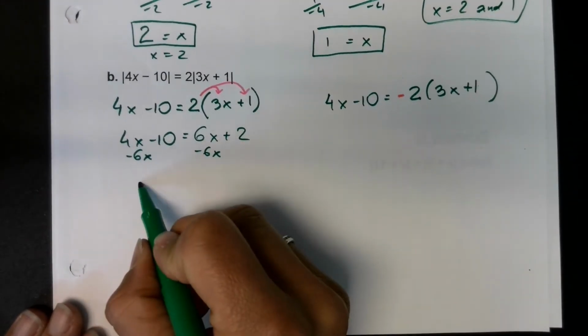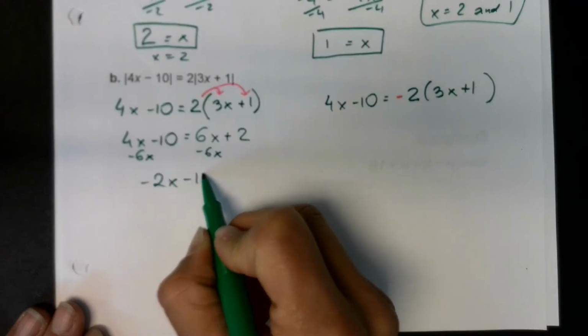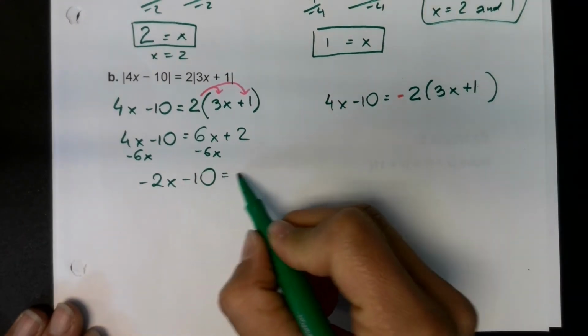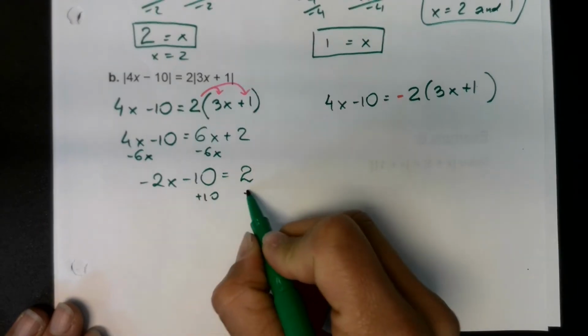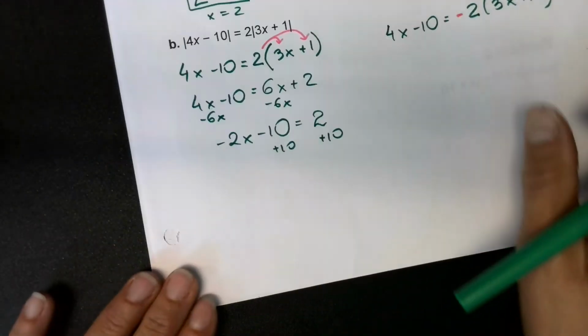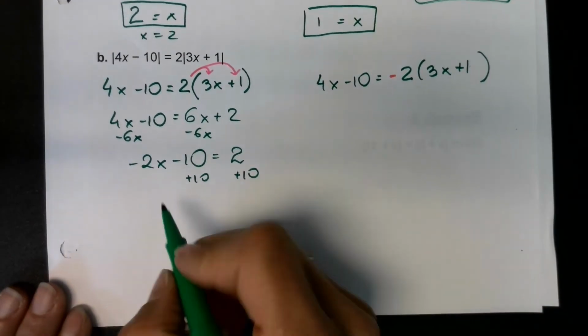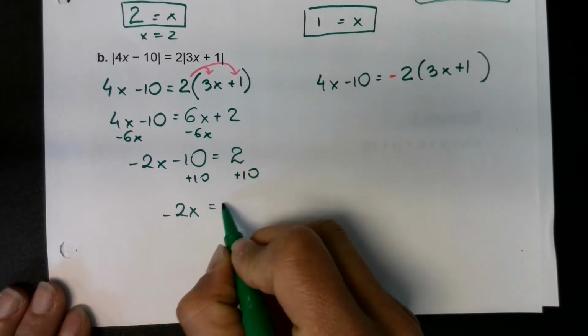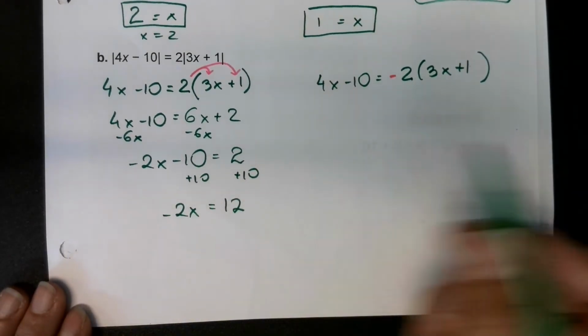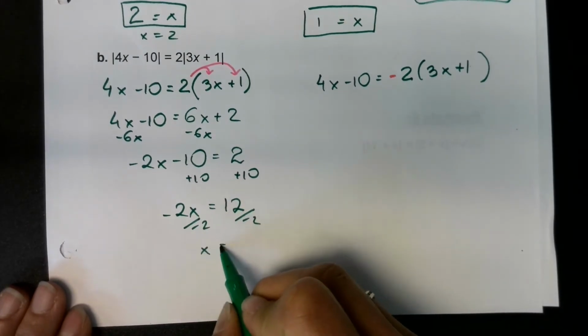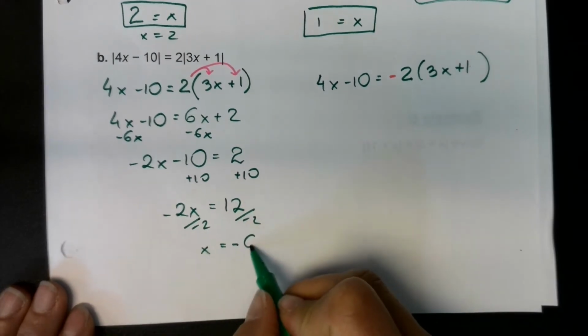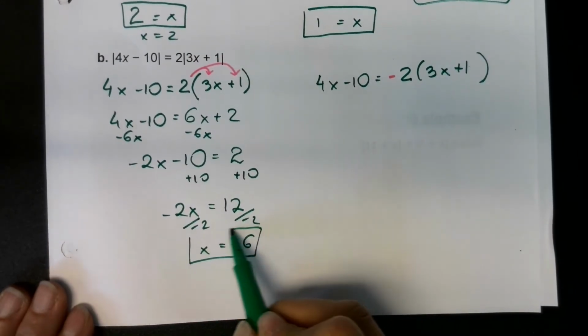So we end up with negative 2x minus 10 equals 2. Move your 2 to the other side. We end up with negative 2x equals 12. So divide by negative 2, x equals negative 6. So that's the first solution.